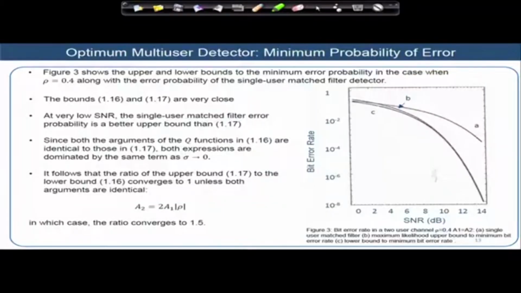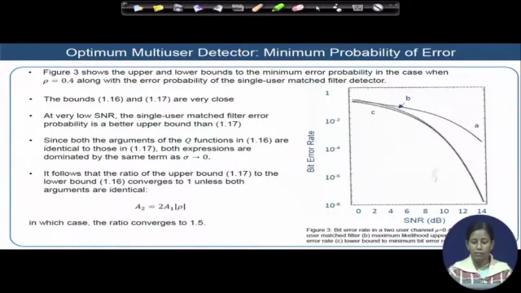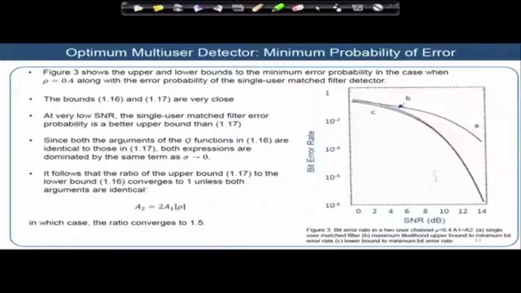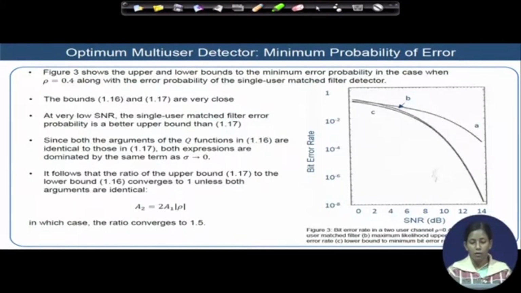That is the way we have derived it, and we have seen that in the lower SNR zone these bounds are different from each other, but as the noise effect reduces in the higher SNR zone, both the bounds merge. Moreover, we also see that for a very low SNR zone, that means when sigma tends to infinity, the single user matched filter output performs the best compared to the other two bounds.